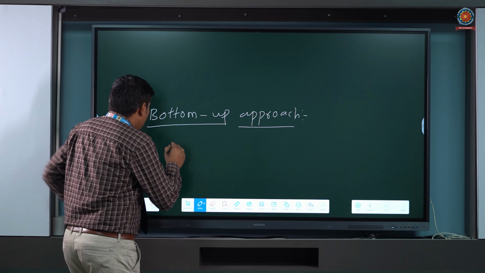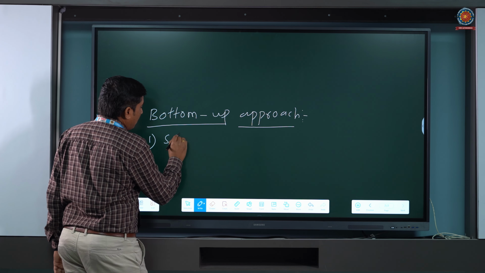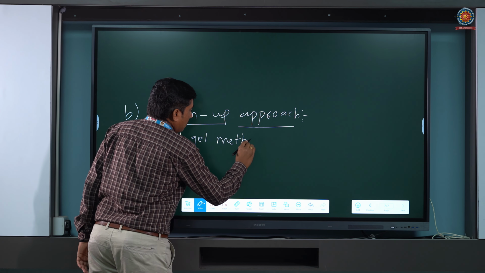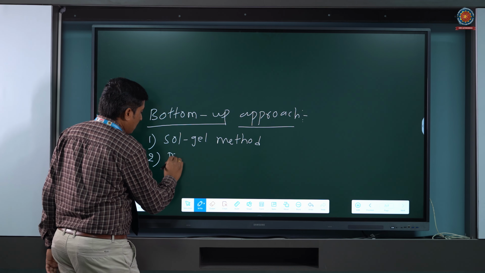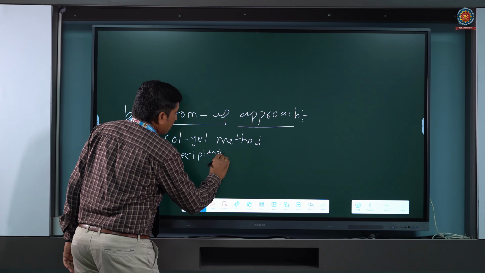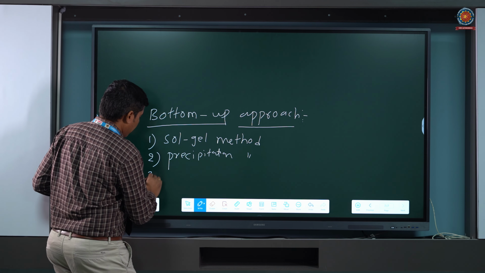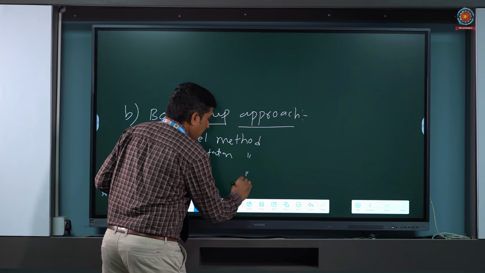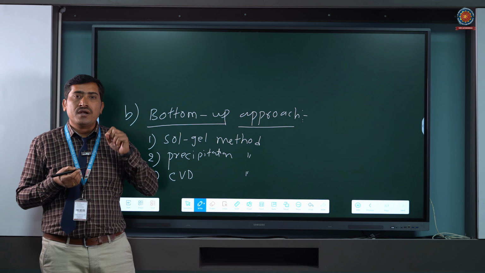The first one is the sol-gel method. The next method is the precipitation method. The third one is CVD, which stands for chemical vapor deposition.